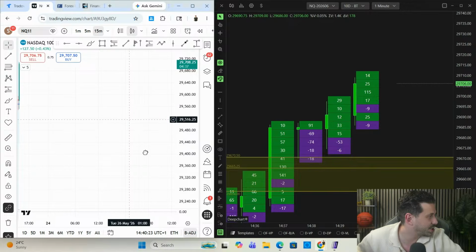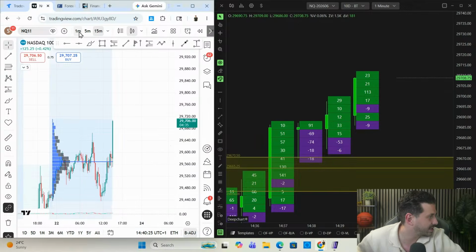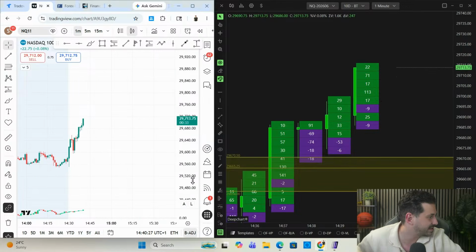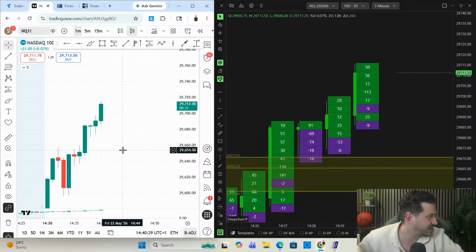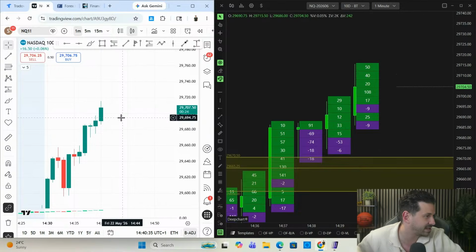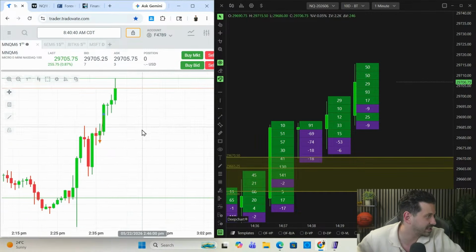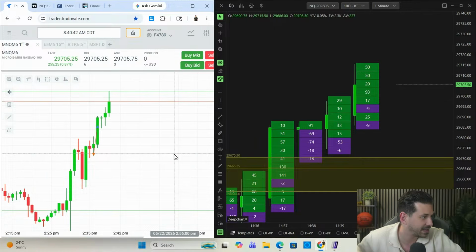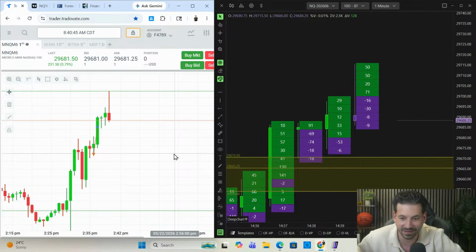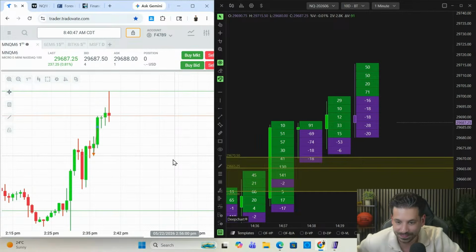I don't know if I can show TradingView's update, but if you put them side by side, TradingView is just a split second or so slower. That's not the biggest deal in the world, but it does make a difference. It feels like it makes a difference.